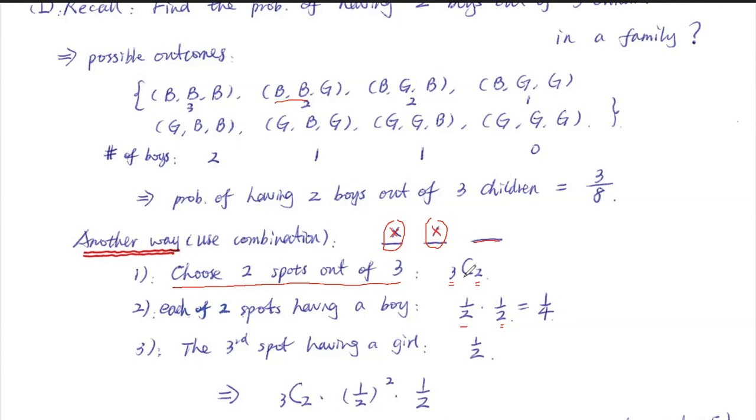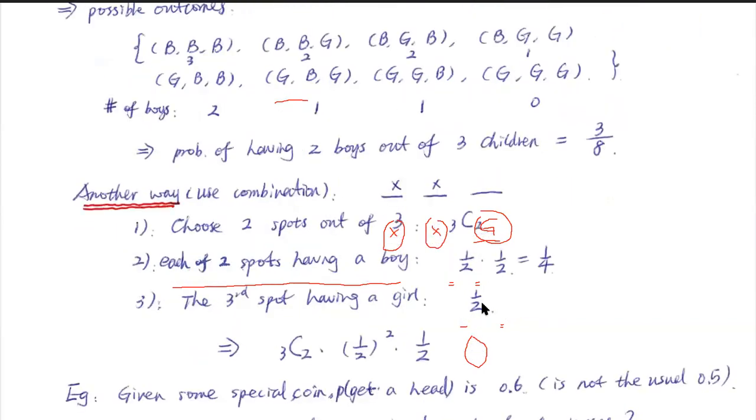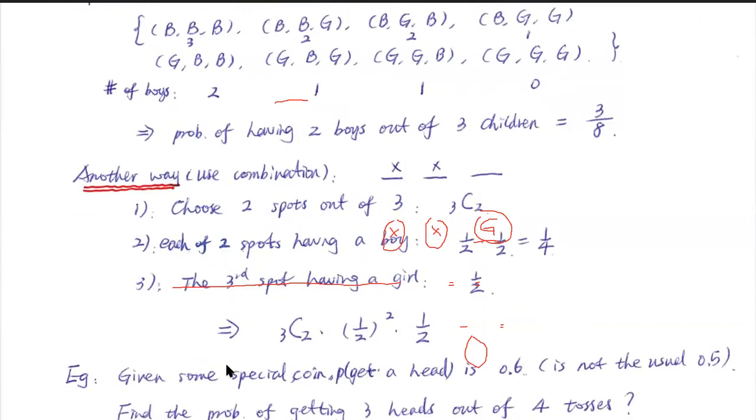And then we continue. We want the other position here to be girl, right? So what's the probability for this position to be girl? It's 1/2. So what's happening here is we multiply them together, everybody, to get the corresponding probability for us to get 2 boys, 1 girl, that combination.